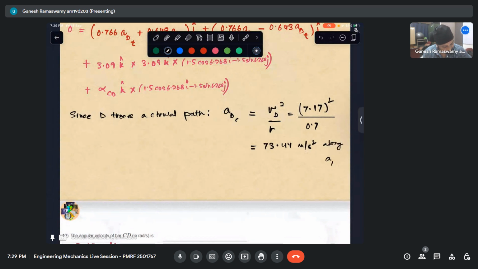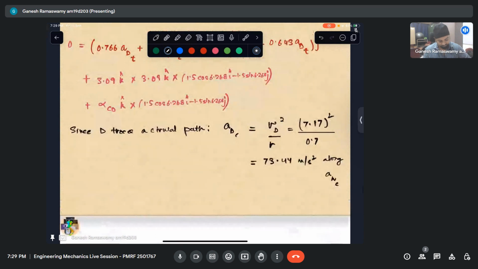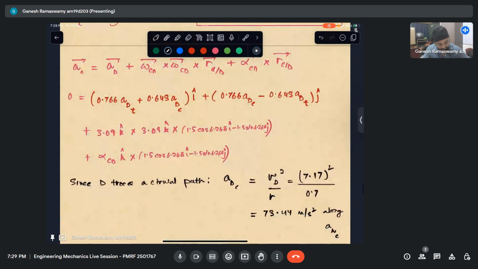So this is coming from the physics of the problem. This is an additional equation that we have got. Now the value for this we have got, so this is solved for. The only unknowns remain ADT, tangential, and alpha CD. So that is what we need to solve for. So let us go ahead and do that.